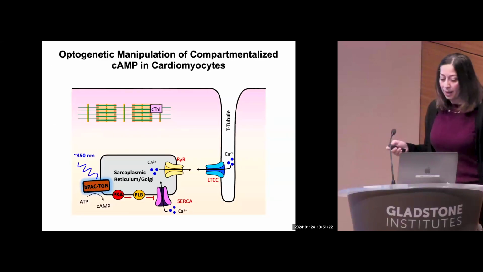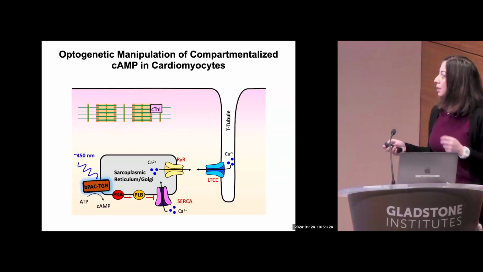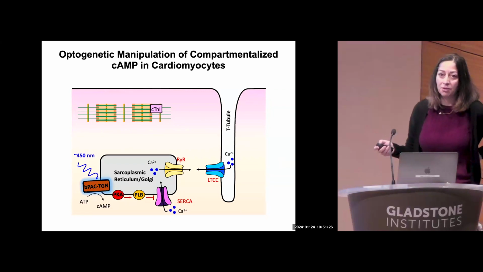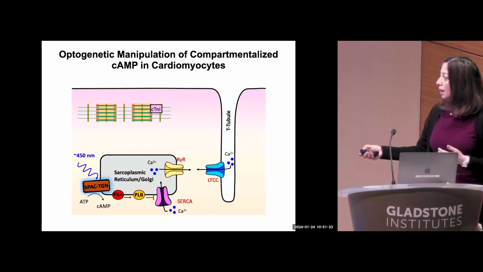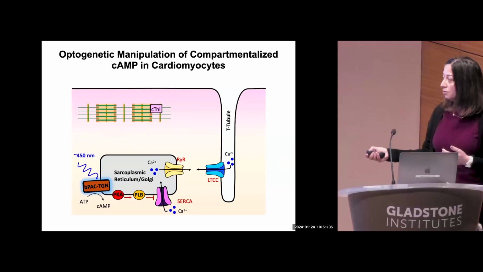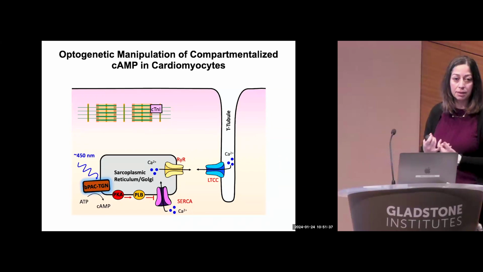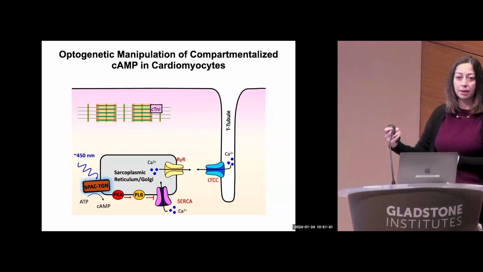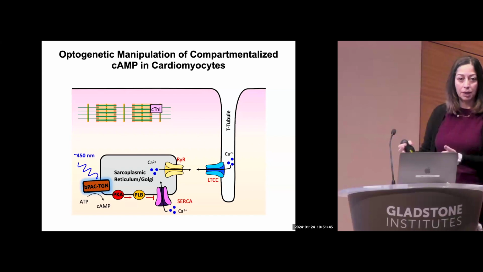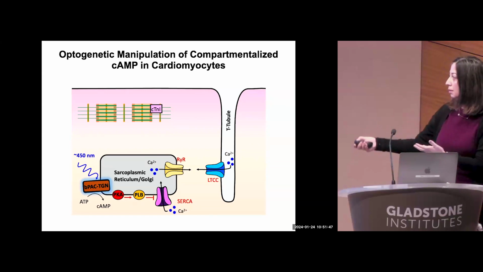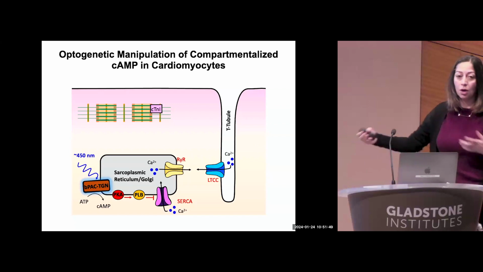But going back to the cell biological regulation of this, we also wanted to see if we specifically activate cyclic AMP in the Golgi membrane, do we also see the same phenotype? For this, we took advantage of a bacterial adenylyl cyclase, bPAC, that is used as an optogenetic tool to generate cyclic AMP in a dose-dependent manner, depending on how much blue light you expose it to and for how long.